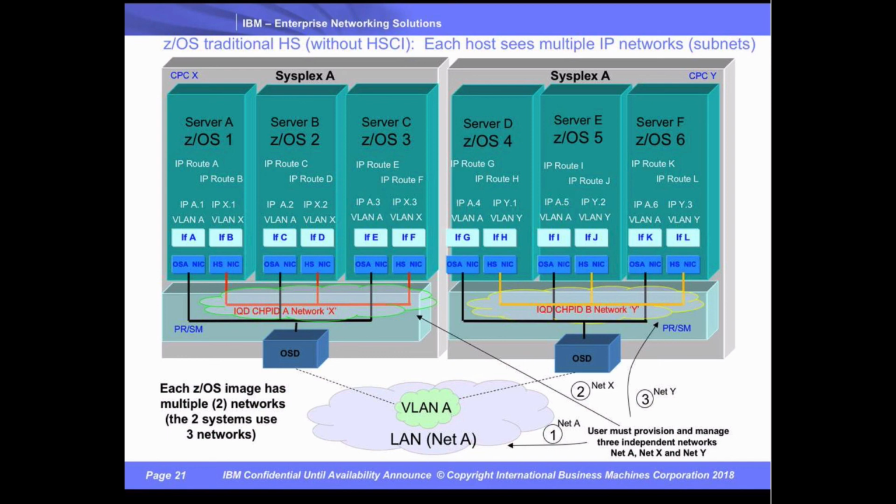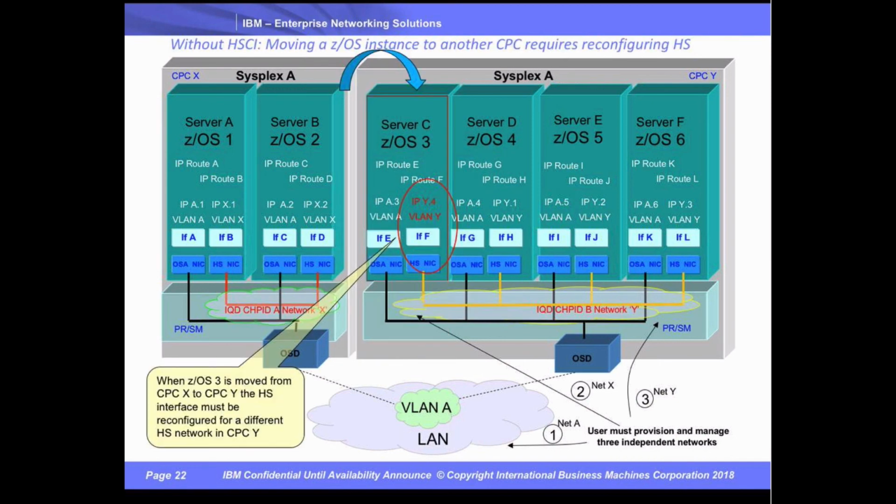Now if I look at the next chart, chart 22, what if I move server C over to CPC Y? Well, obviously over there I still want HiperSockets. So I simply reconfigure that to use the other internal interface, subnet Y and VLAN Y in this example.